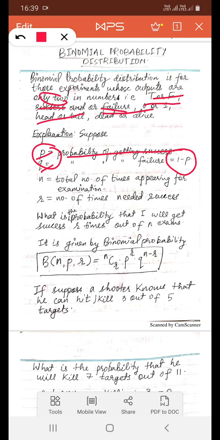I can calculate that, or it is given in some questions. N is the total number of times I am appearing for some examinations. Say 20 times I'm appearing for some exam.